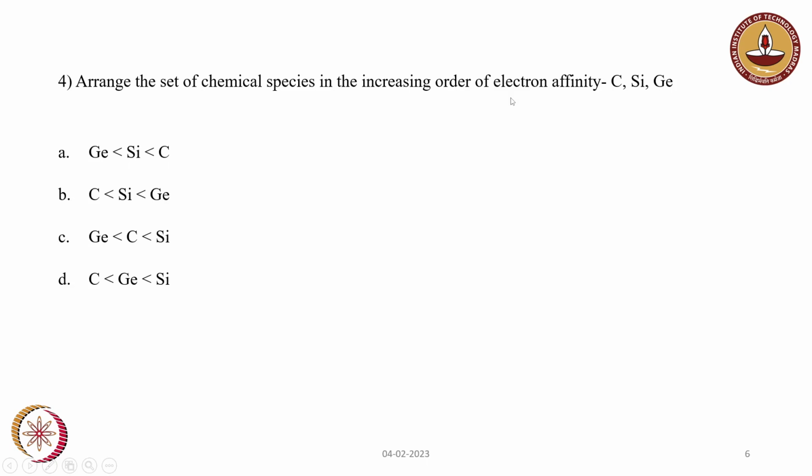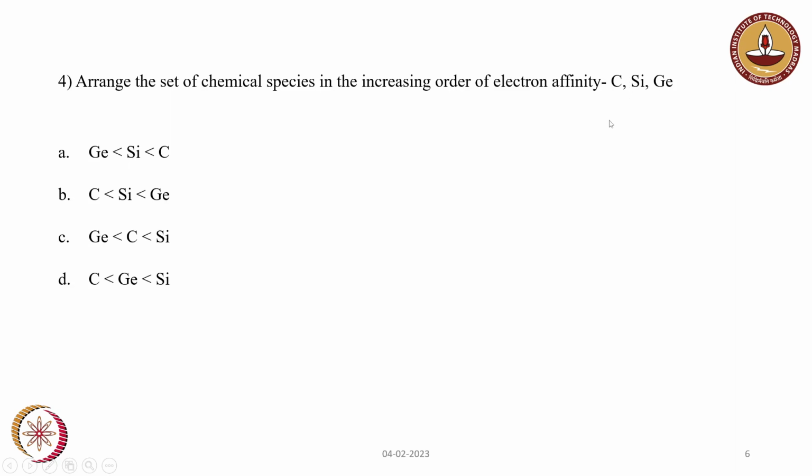If the element is small, the electron affinity will be really high, and if the atom is really large, then electron affinity will be reduced. The options are: A, germanium less than silicon less than carbon; B, carbon less than silicon less than germanium; C, germanium less than carbon less than silicon; and D, carbon less than germanium less than silicon.